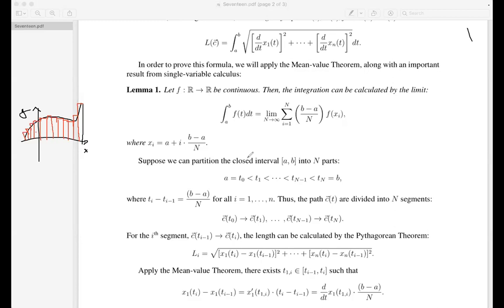so we can basically apply the same idea to finding the arc length. Okay, so basically we partition our domain, a to b, the starting point and end point a and b, into n parts.